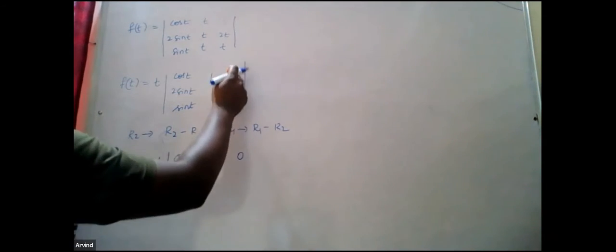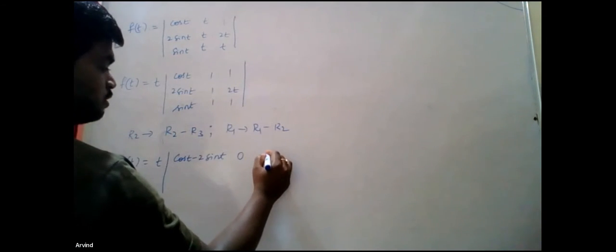Okay, it will be quick. F of t is equal to t. So R1 is R1 minus R2. So cos t minus 2 sin t stays as it is, cos t minus 2 sin t. 1 minus 1 is 0. 1 minus 2t is 1 minus 2t.